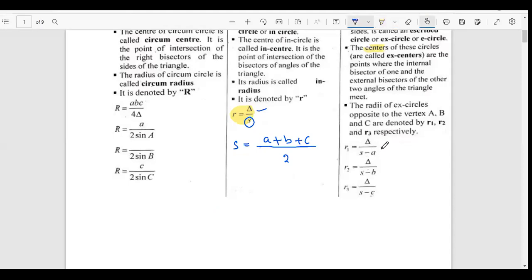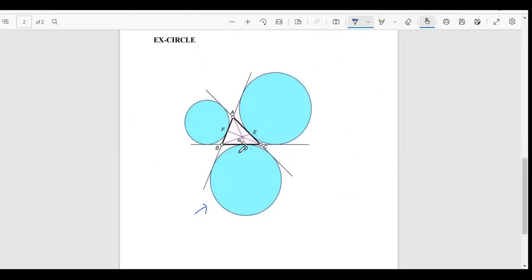I need to do the area of the triangle divided by s minus a. This triangle is the area. This small s is this formula right here, which I am highlighting. And what is small a? Small a is basically the length of the side BC. Now if I want the radius of this circle, in order to find the radius of this circle, I need to do the area of this triangle, the whole triangle, divided by s. What is s? a plus b plus c divided by 2, minus a.